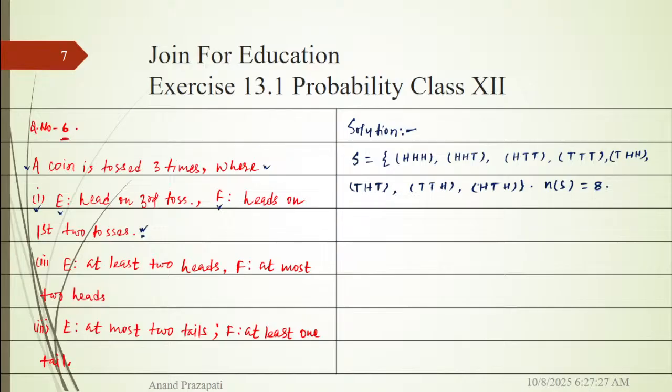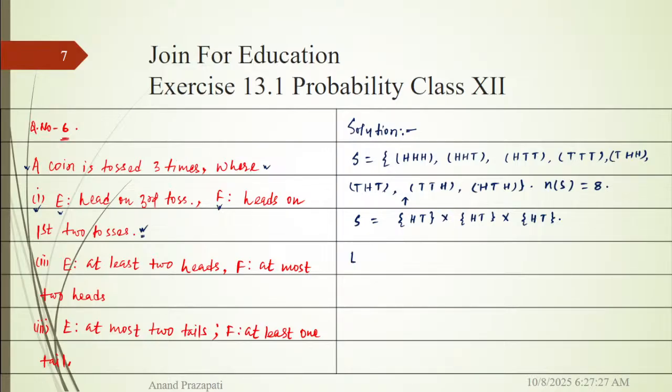To clear more easily, we take the help of this also. It means that S equals the Cartesian product of HT into HT into HT. So after the Cartesian product, we get this. So this is the sample space. For the same sample space, we have 2 events.